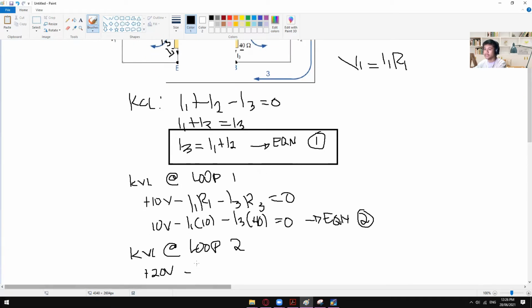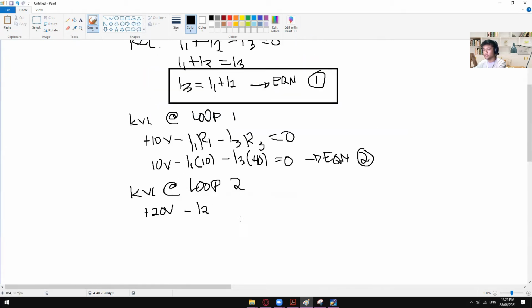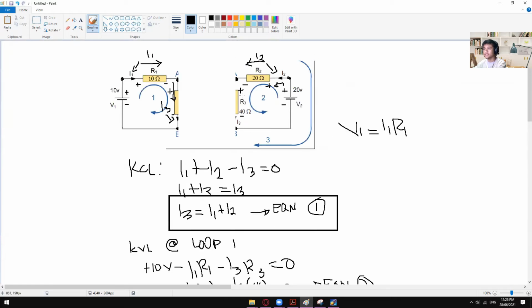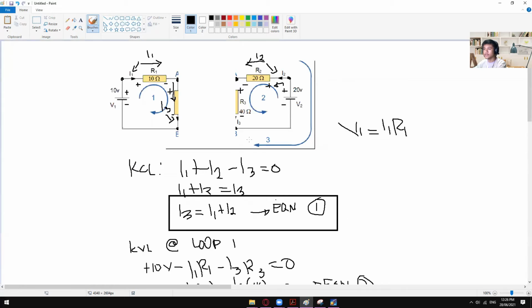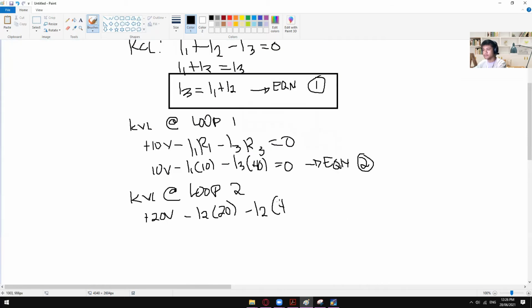Okay, or we can already write the value of R2, wherein the value of R2 is 20 ohms. Okay, followed by the other voltage drop on the R3. So minus I2 times R3 is 40 ohms, equal to 0. Okay, so this is now our equation number 3.